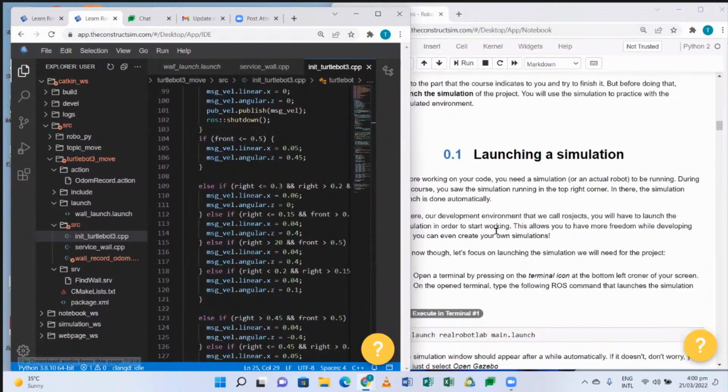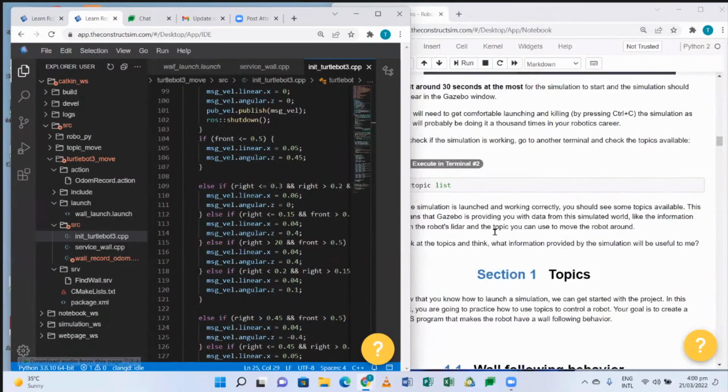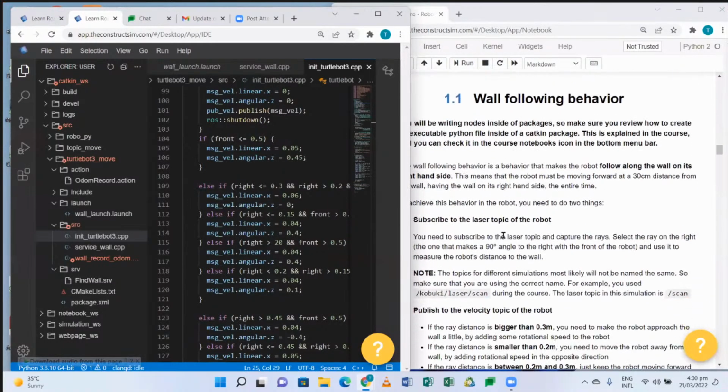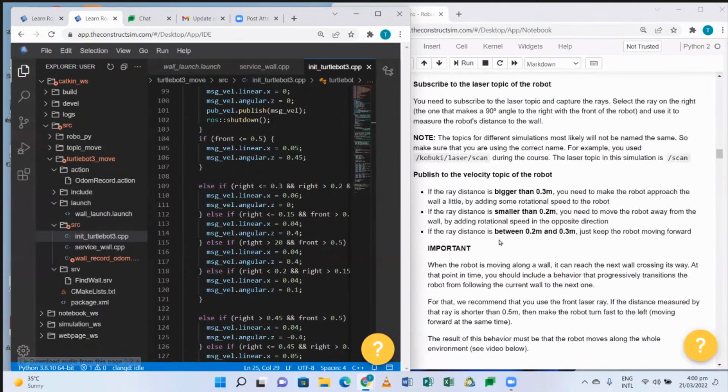The first thing we had to do was that if the right distance is bigger than 0.3, then you need to make the robot approach the wall a little by adding some rotational speed to the robot.